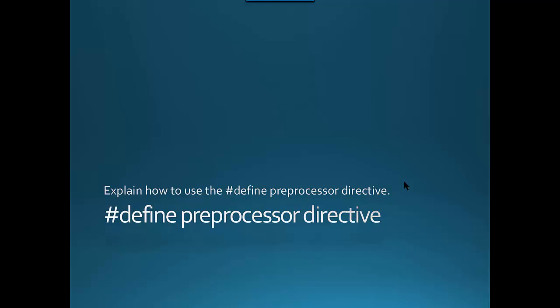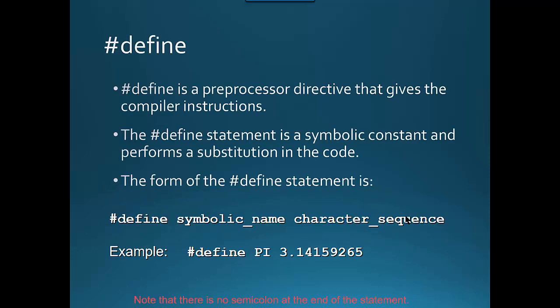The define preprocessor directive, the number sign define preprocessor directive, is used to essentially define symbolic names with a value.